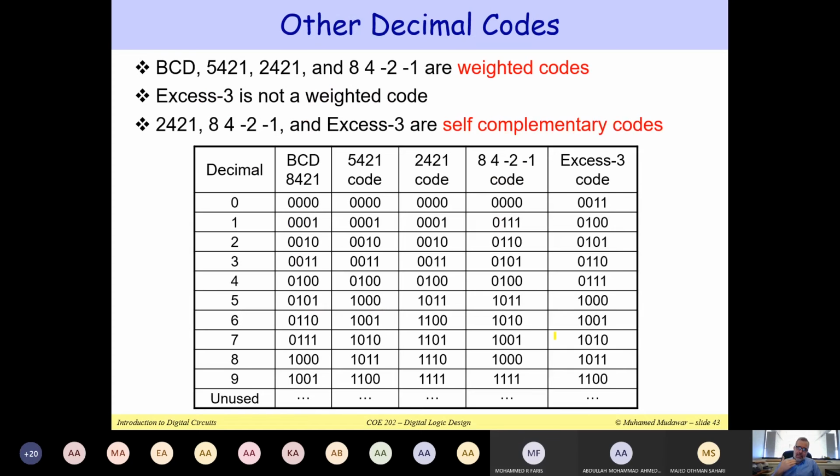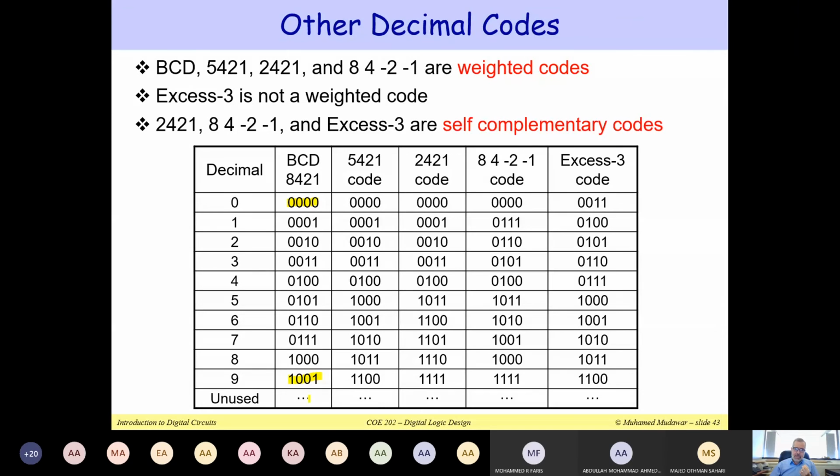Now, BCD is not the only code. We could actually have done different assignments. BCD is just one way to code the decimal digits in binary. There are other ways that people have invented. BCD will start from 0000 and end at 1001, and the remaining six codes are unused because we only have 10 decimal digits.